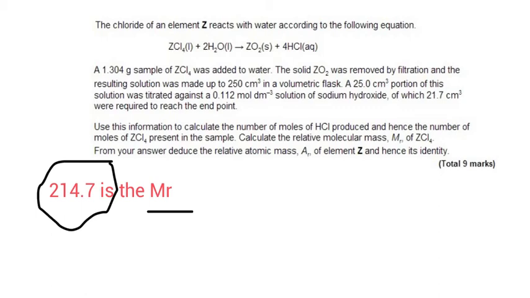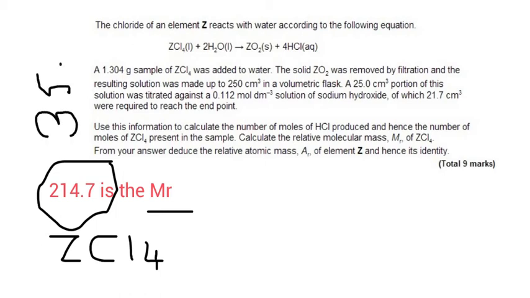Now in fact, in our ZCl4, we actually know part of that substance. We know there are 4 chlorine atoms in that substance. Now looking on your periodic table, you'll be able to see that 1 chlorine has a mass of 35.5. That's the Ar, the atomic mass. So in that total mass for ZCl4, 4 lots of chlorine need to be taken away.